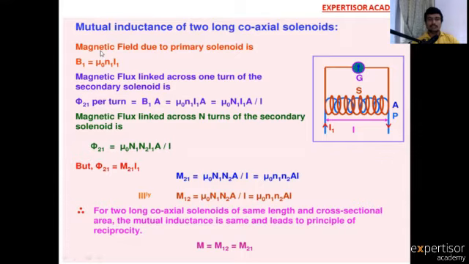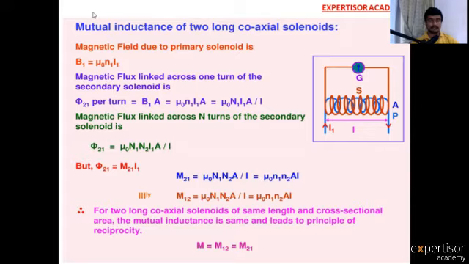The magnetic field due to the primary solenoid: how is the magnetic field generated in this primary solenoid? The current flows through the ring shaped conductor, and it behaves like a magnet, so a magnetic field is generated.